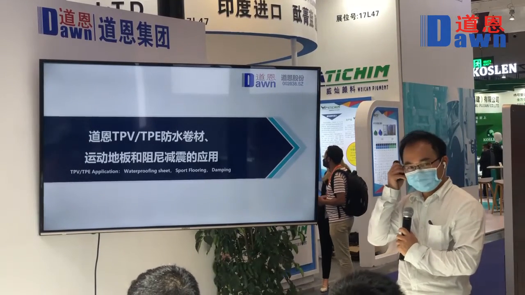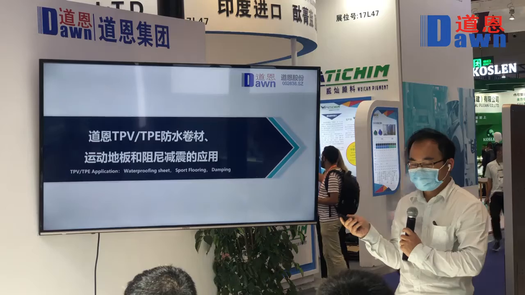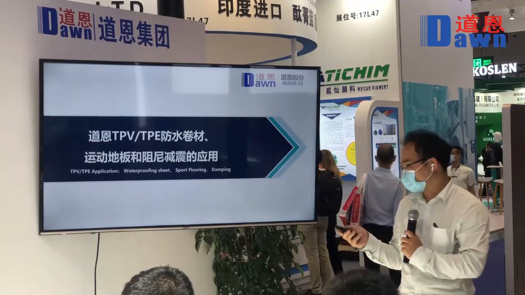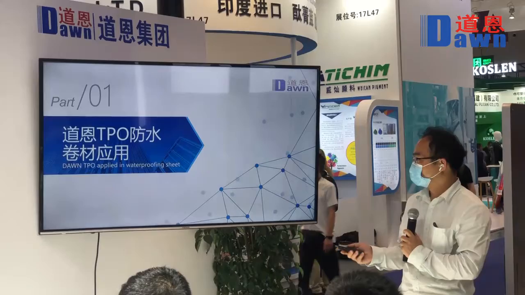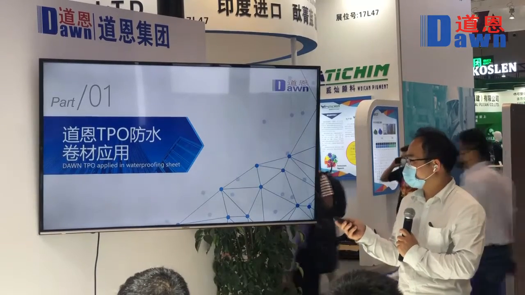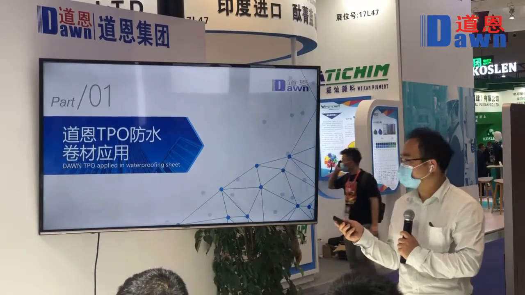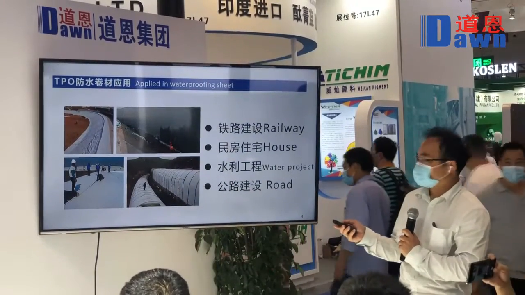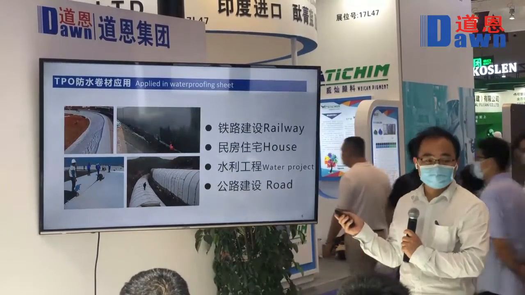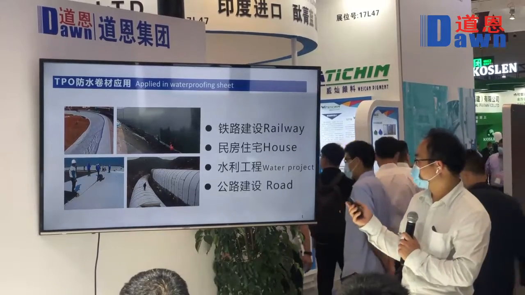The first, let's go to the section of TPO application in the waterproof sheet. The waterproof sheet is used in the railway, in the house, and in the water project, and also can be used in road, and also including engineering projection.